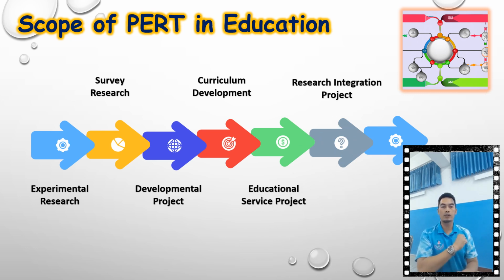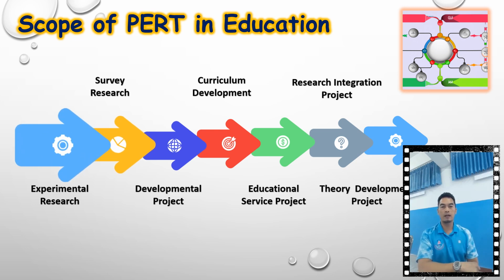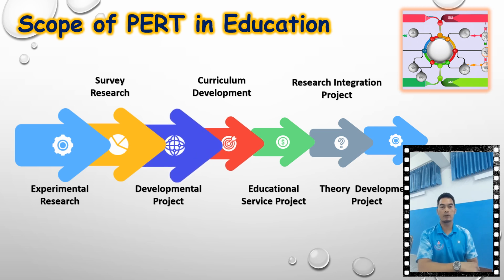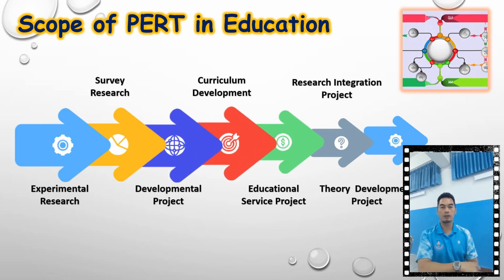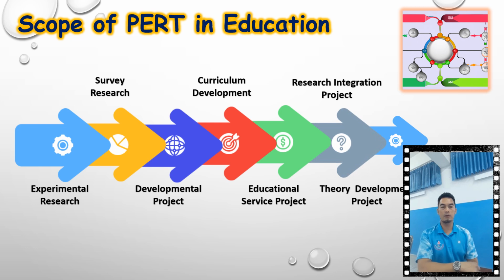We have also research integration projects, and we also have theory development projects. So these are applied to the areas of education. So we have 1, 2, 3, 4, 5, 6, 7: experimental, survey, developmental, curriculum development, educational service, research integration, and theory development project.